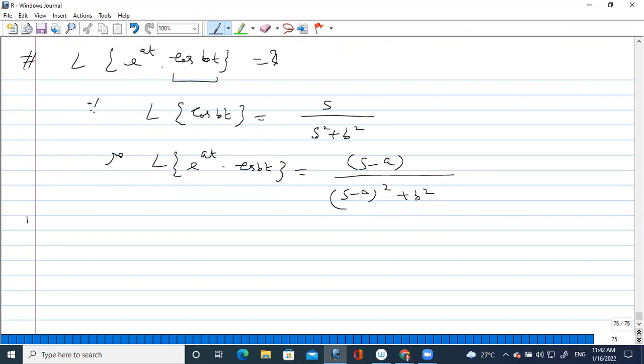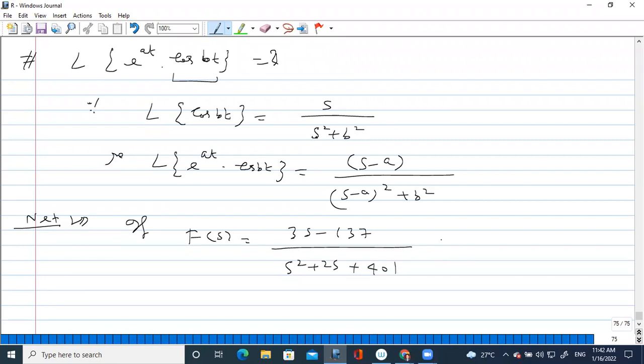Now I will take one net question. So this question is, if F(s) is (3s minus 137) divided by (s square plus 2s plus 401), find f(t).